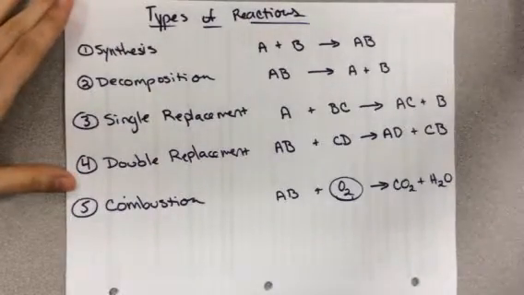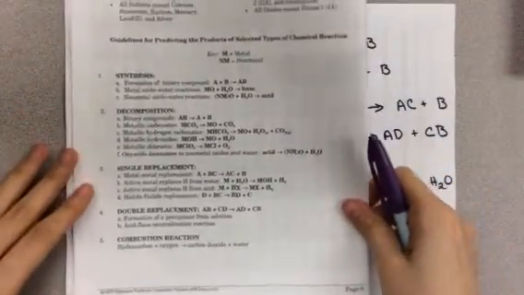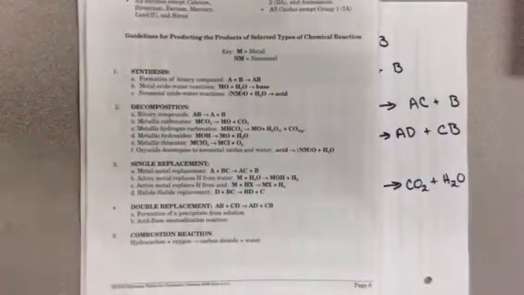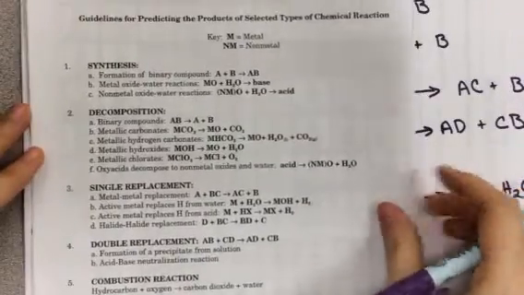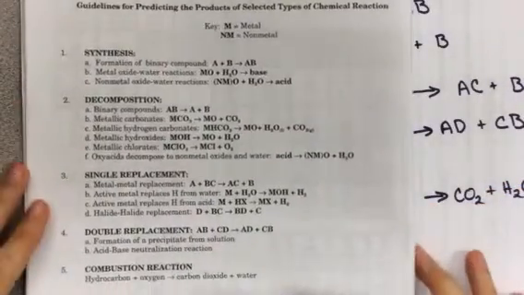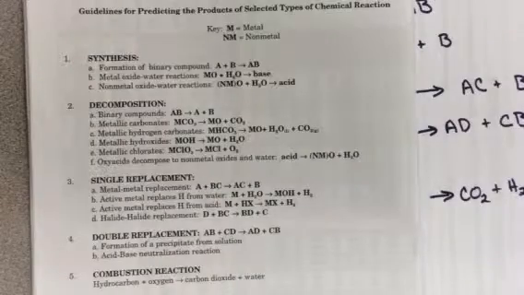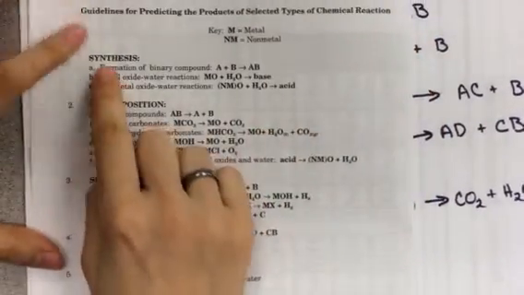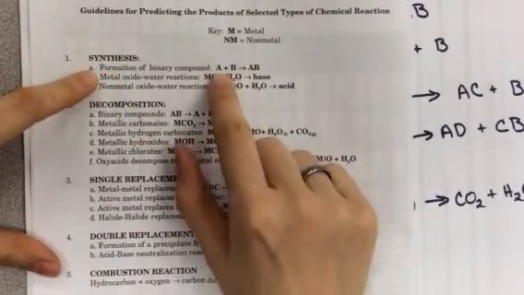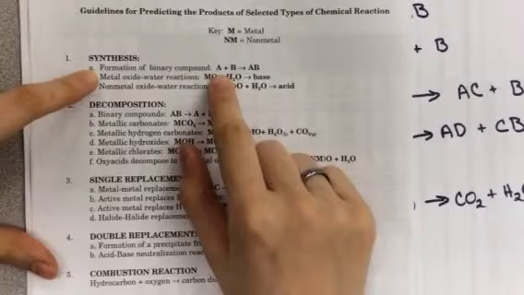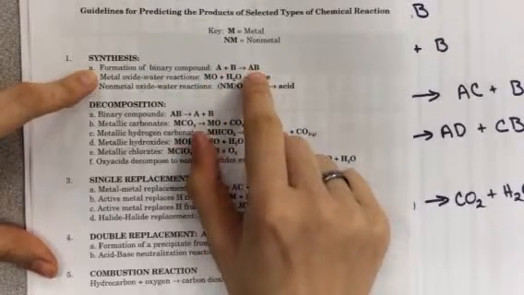Now, on your reference pages, you have this section here, which is here to help you predict products for the different types of reactions. Okay, so for example, when you have a synthesis reaction, it gives you some ideas. Just like the code that I gave you, A plus B makes AB.